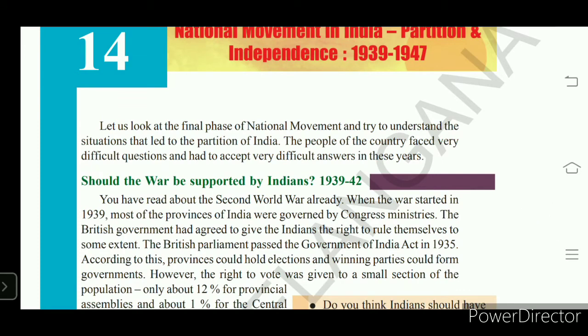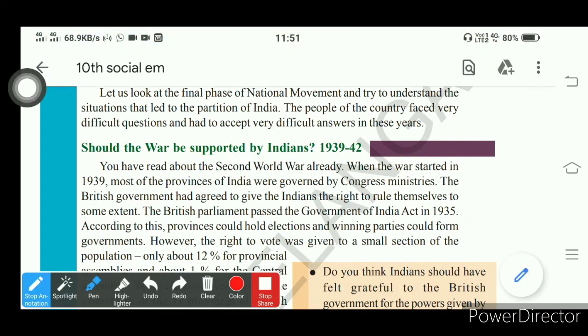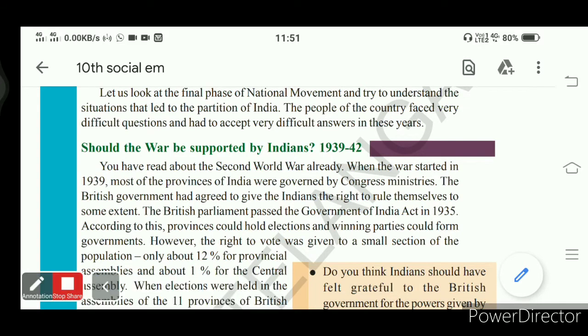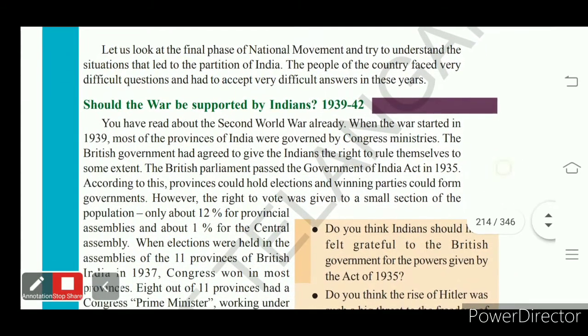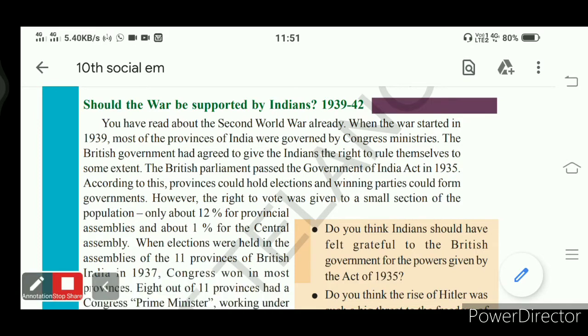It was Government of India Act 1935, my dear students. Government of India Act 1935. This is the act Britishers passed to appease the Indians.